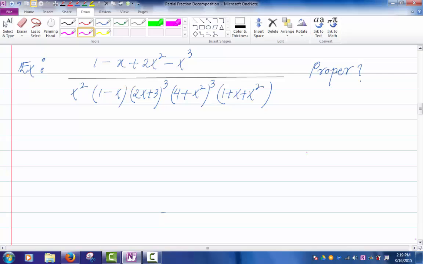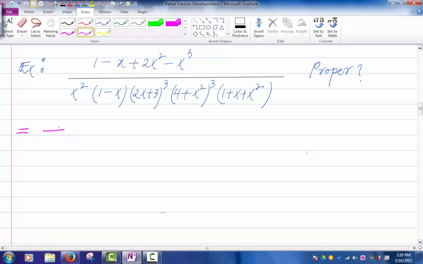So x squared is a linear factor with exponent 2. What will be the contribution of that to the decomposition? Let's write that down. Because the multiplicity is 2, it's going to contribute 2 terms.